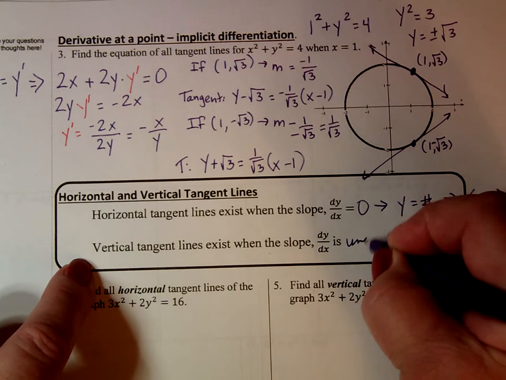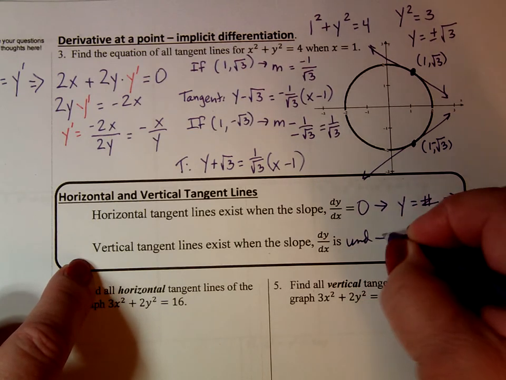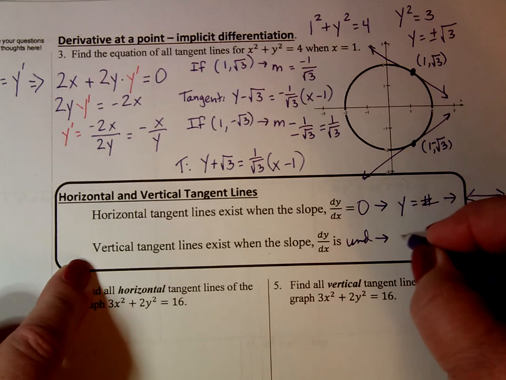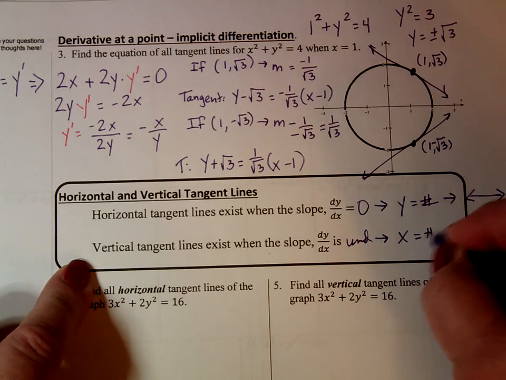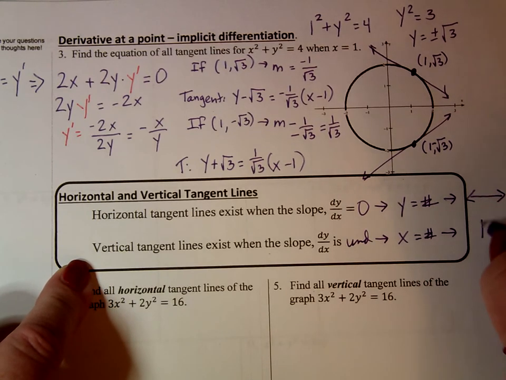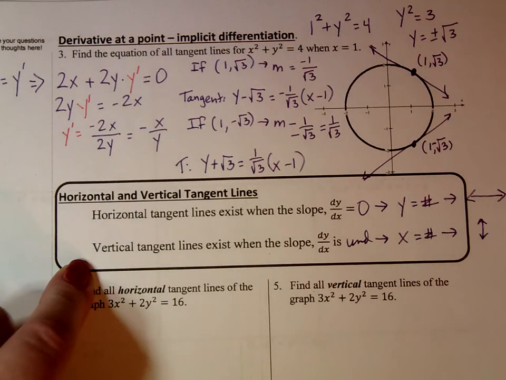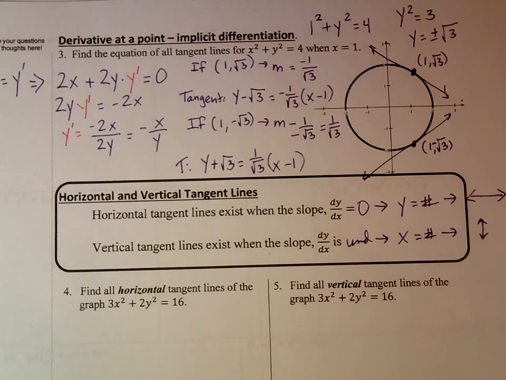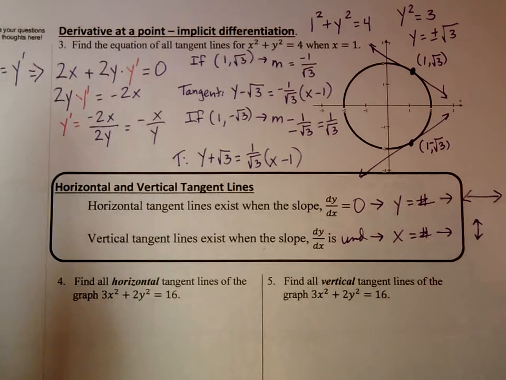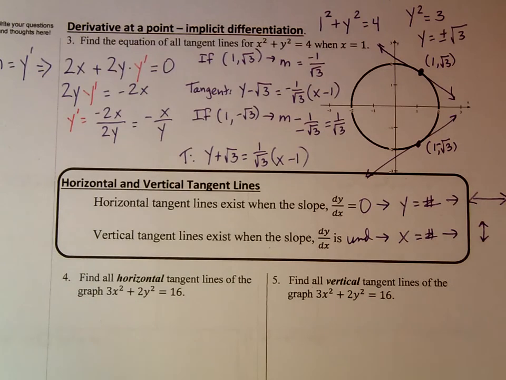Remember Mr. Slope Dude? So it's going to be x equals some number, and you're talking about a vertical line where the slope's undefined. These come up a lot on the AP exam. We've seen it in a few problems since we started here.